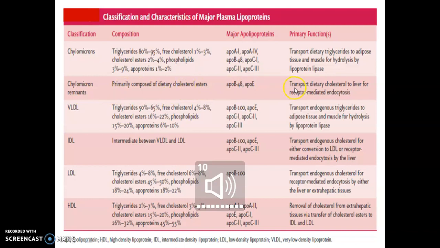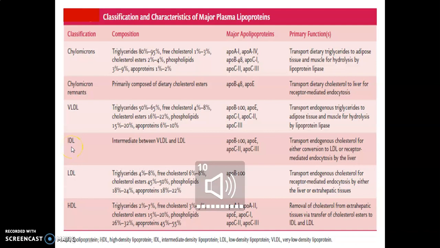These are used to transport dietary cholesterol to the liver for receptor mediated endocytosis. The next is VLDL, composed of triglyceride, free cholesterol, cholesterol ester, phospholipid, and apoproteins. Its primary function is to transport endogenous triglyceride to adipose tissue and muscle for hydrolysis by lipoprotein lipase.